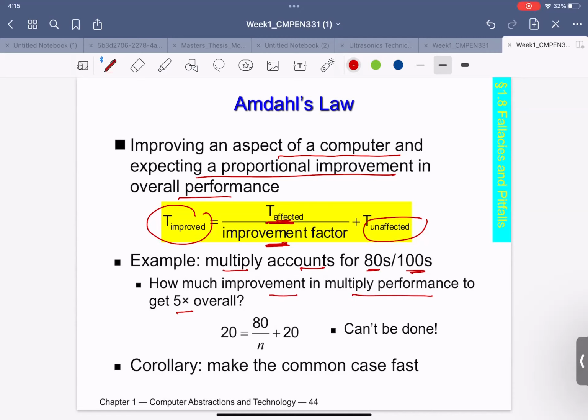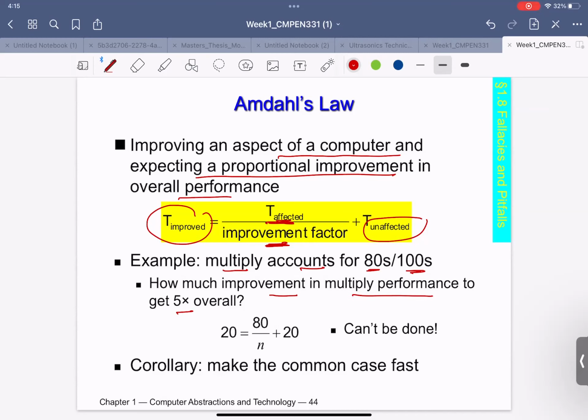In the previous example, we received 2.5 overall performance. Here, I'm giving you the target performance, I need to be 5 times faster. How much enhancement do I need to do to the multiplication to achieve this target? Is it possible or not first? And if it is possible, how much improvement do I need to do?